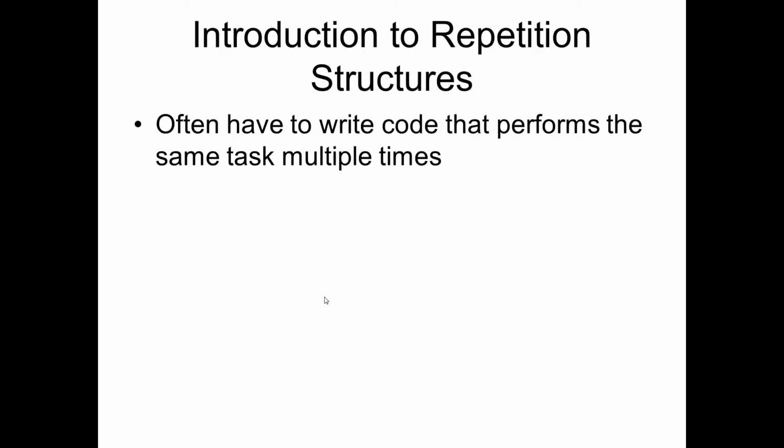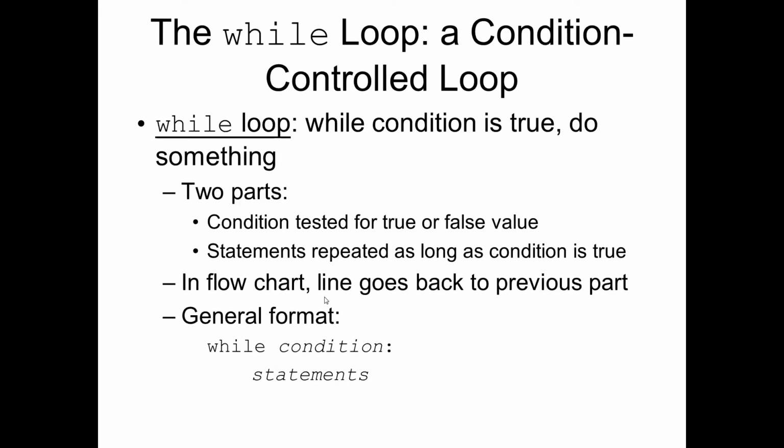So we're going to have to use a while loop in this exercise. You're asked to use a while loop, and a while loop is a repetition structure. As you know, we often have to write code that performs some task multiple times, as we need to in this factorial exercise. The while loop is a condition-controlled loop.